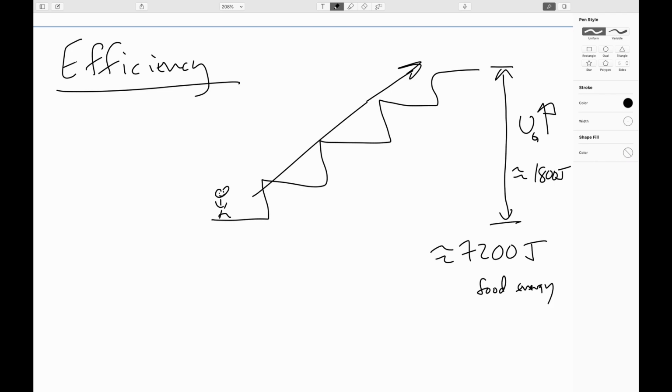All right, so we can define the efficiency, and we'll just use a lowercase e for efficiency. Almost any figure of merit like this gets defined as what you get over what you had to pay.